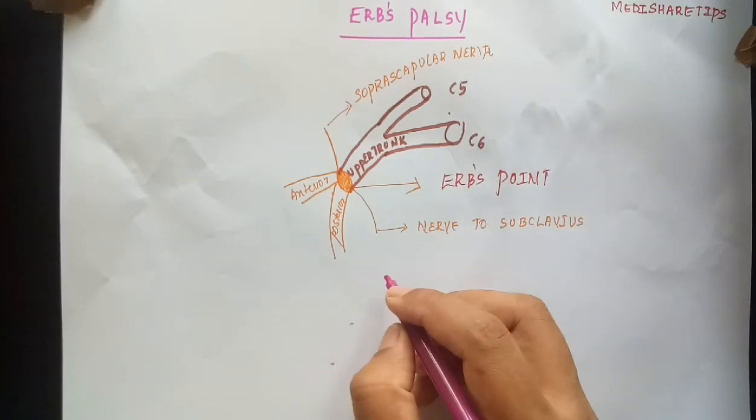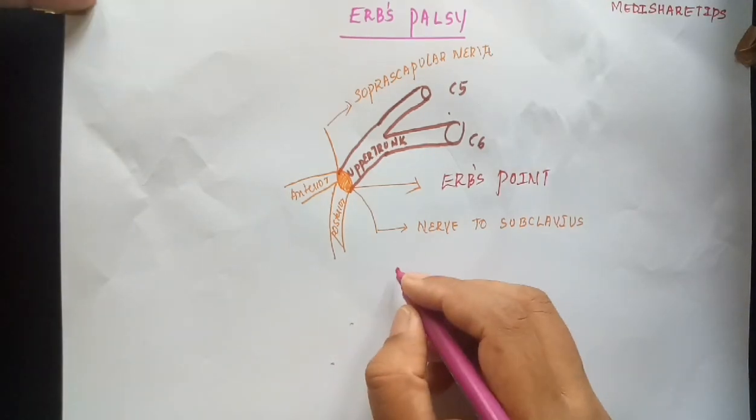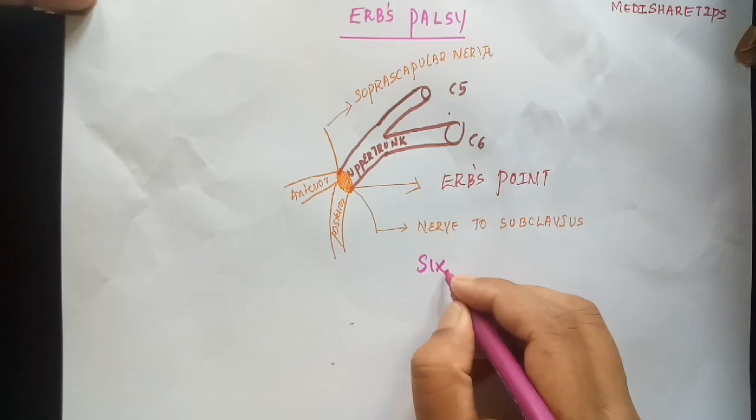So at Erb's point, 6 nerves converge. What are the 6 nerves?